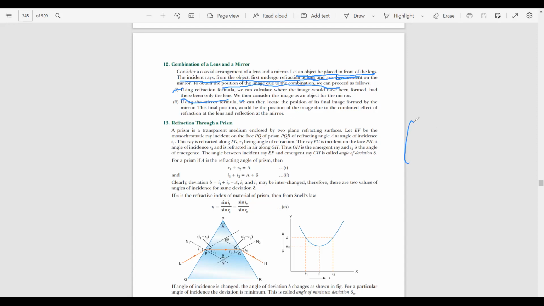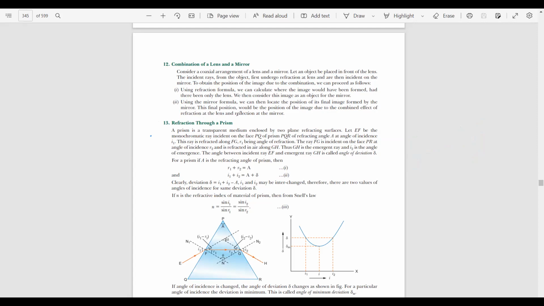So in the lens, suppose the image is formed here. We place the mirror nearby and assume this image as an object. The image formed becomes an object and will form an image again. Using the mirror formula, we can then locate the position of the final image formed by the mirror.